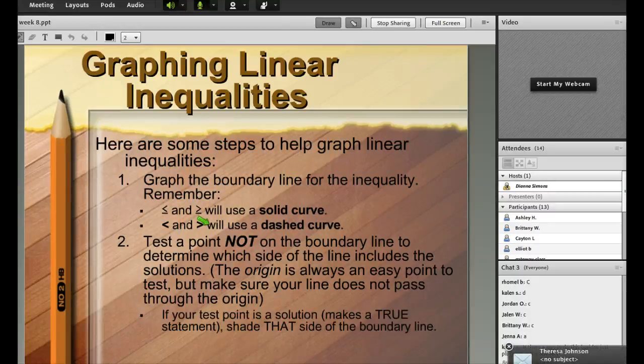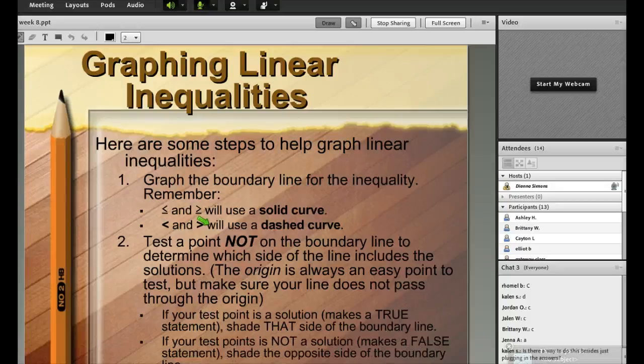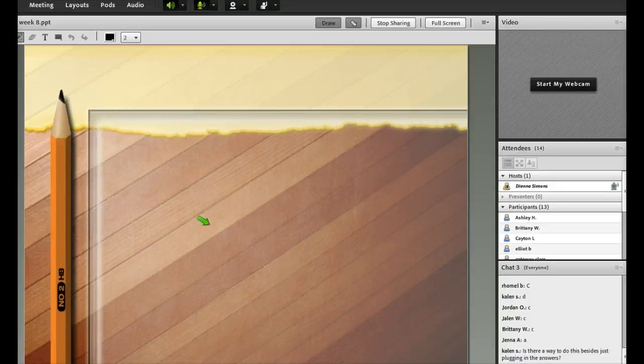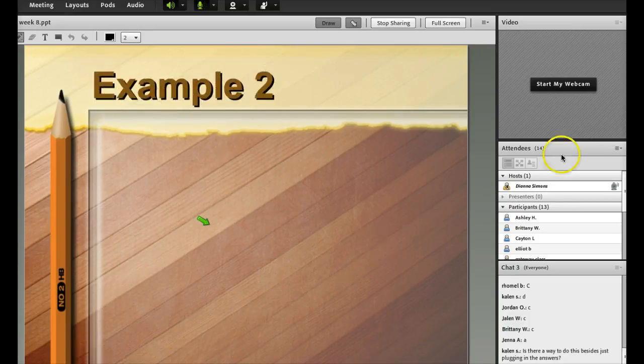All right. So if the test point is a solution, it's true, and that's the side that you shade. All right, and if it's false, then you shade on the other side. Does that make sense? Now, before we go on, test points are always good, but if you have something that looks like y is less than, anybody know, just off the top of your head, which side you think you're going to shade?